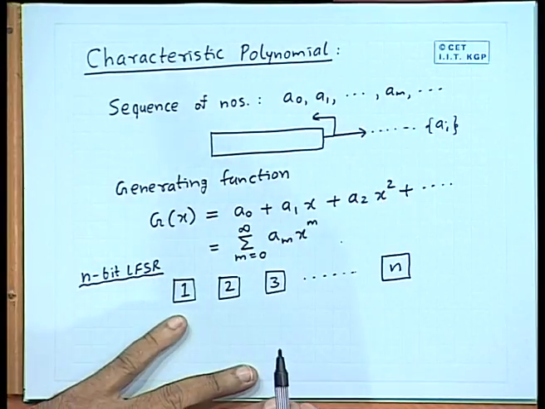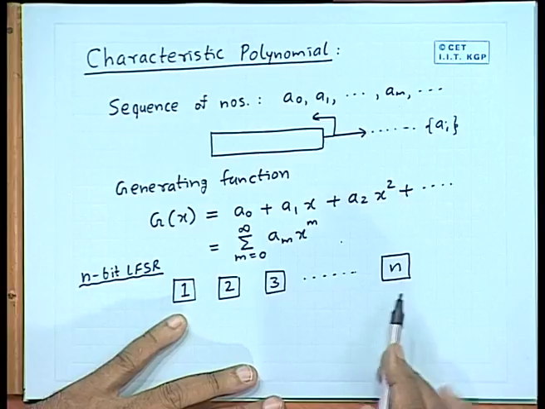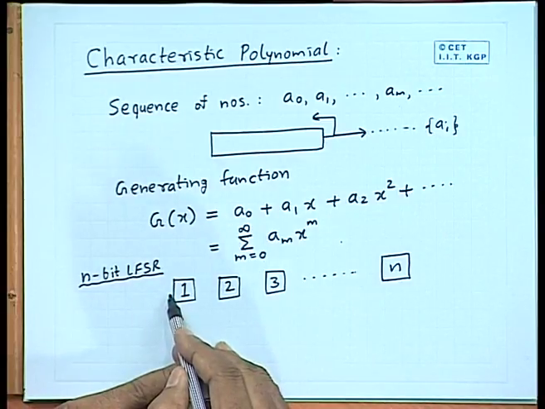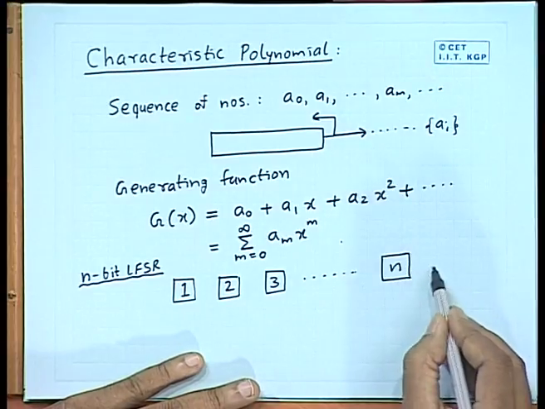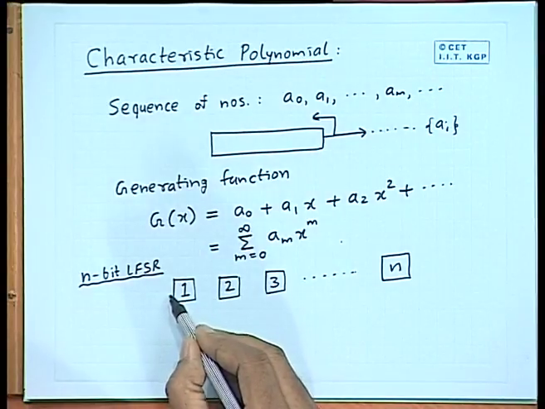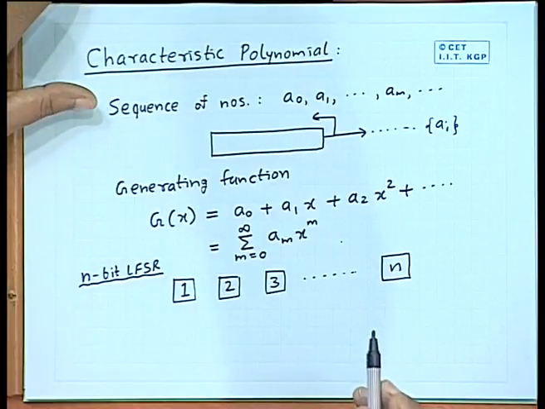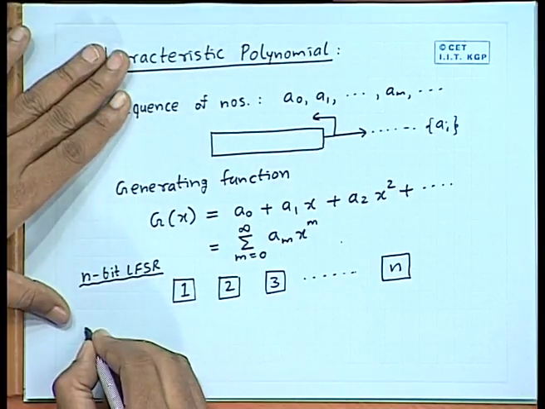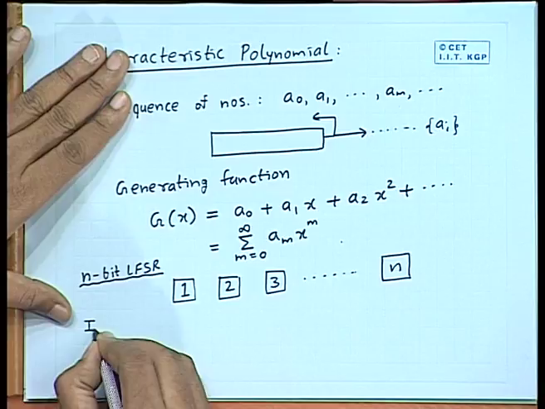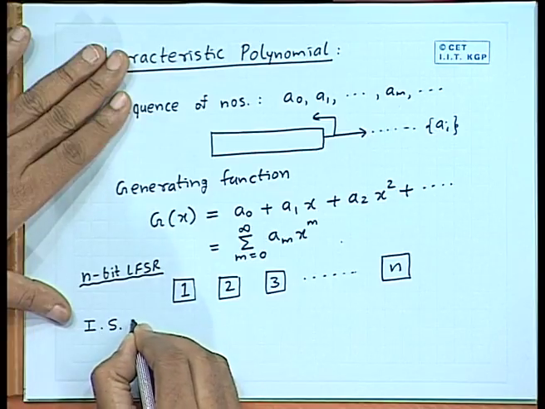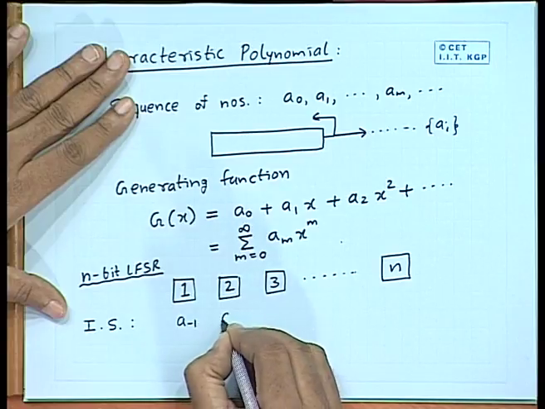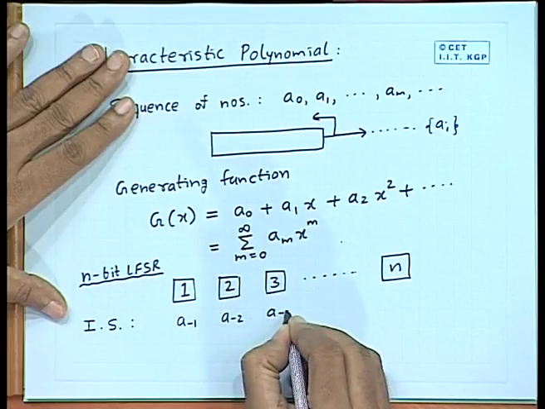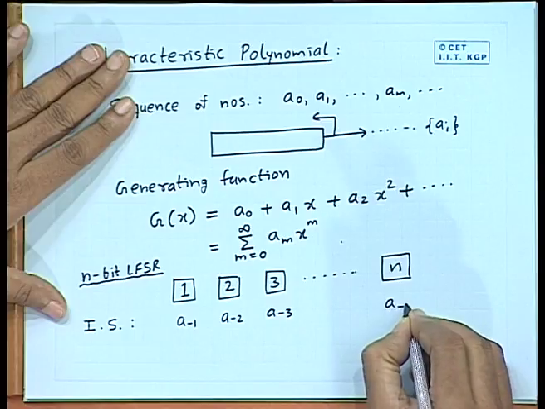So, at the first clock whatever comes out or whatever gets in is A0. Actually whatever gets out will be fed back here. So, that is what we call A0. So, we are assuming that the initial state of the register is A minus 1, A minus 2, A minus 3, up to A minus n.